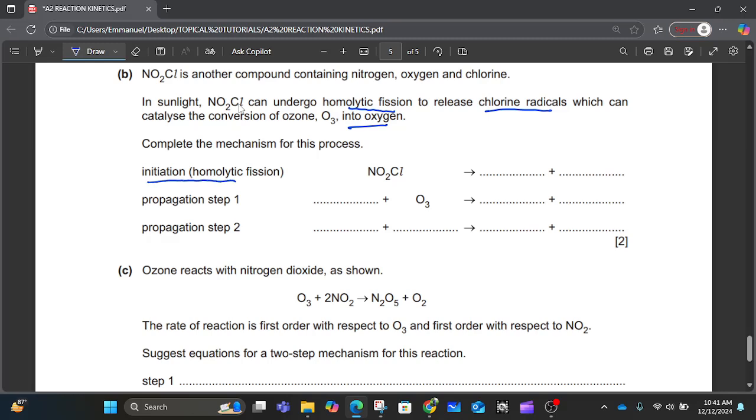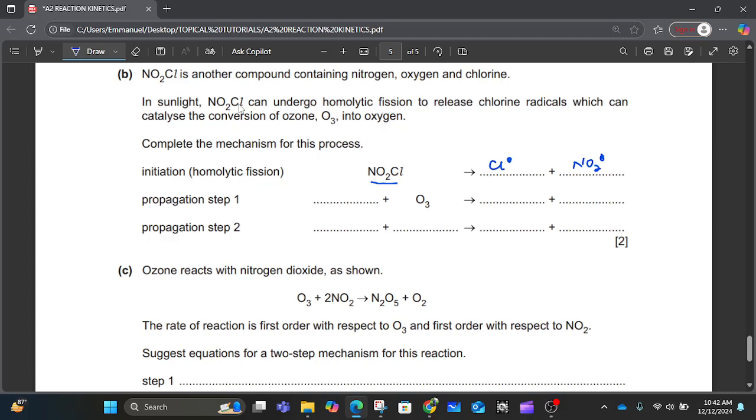The first one is the initiation step. In the initiation step, a neutral molecule is broken in the presence of sunlight homolytically to produce two radicals. So remember, we have chlorine radical plus NO2 radical.